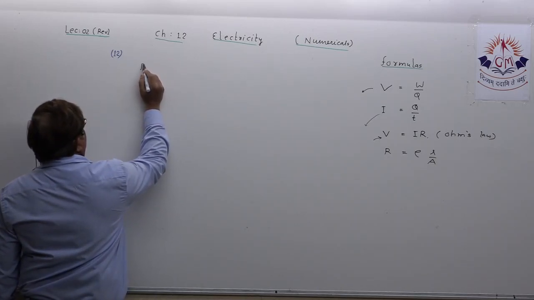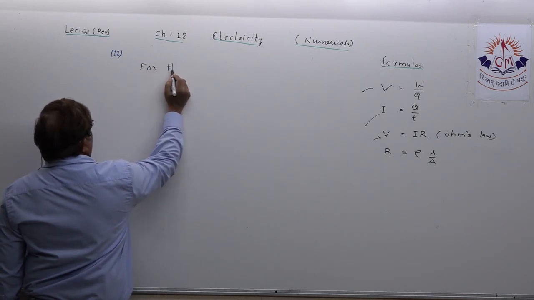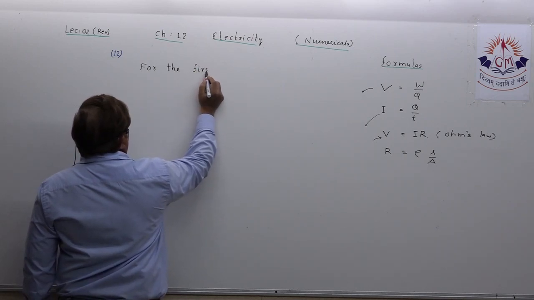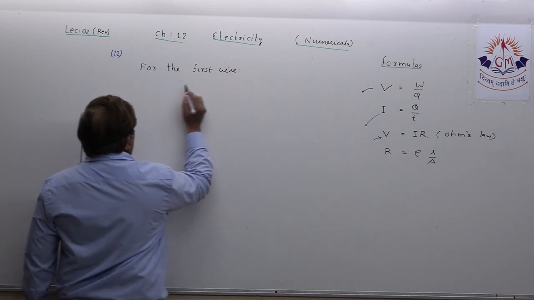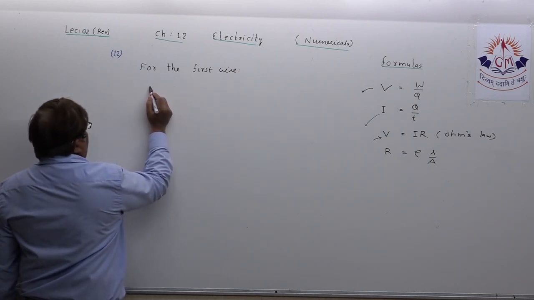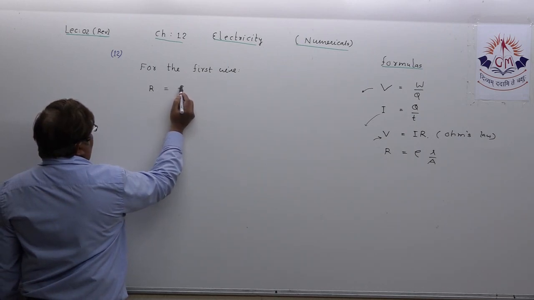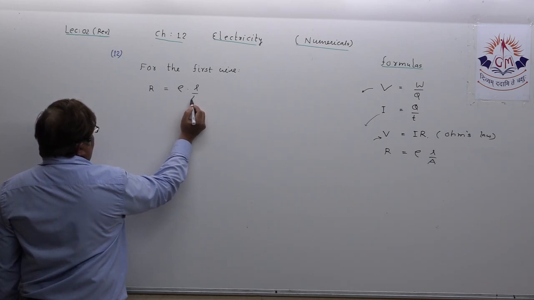Please write with me, for the first wire, R equals to, as you know, rho into L upon A.